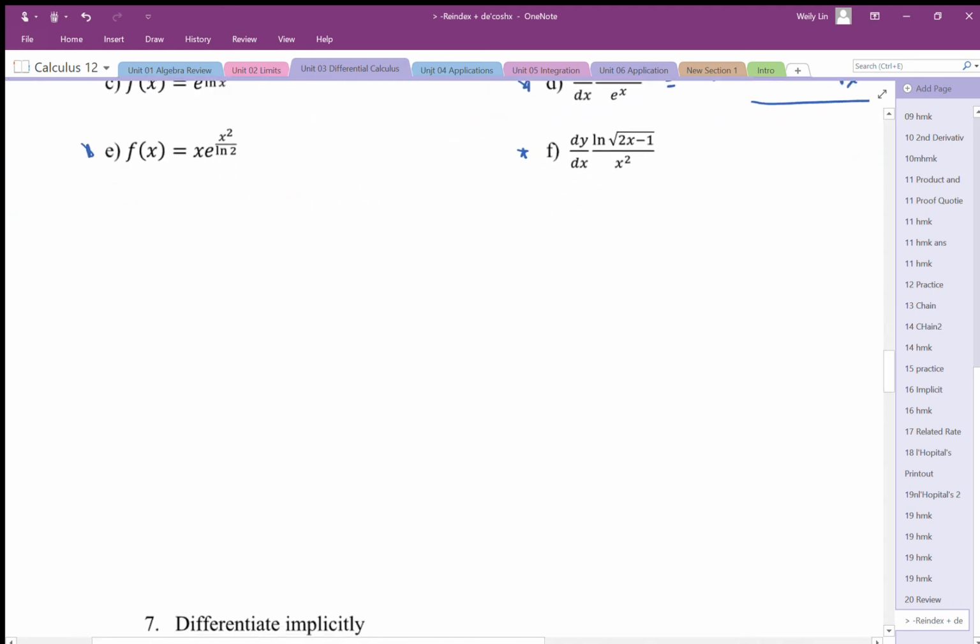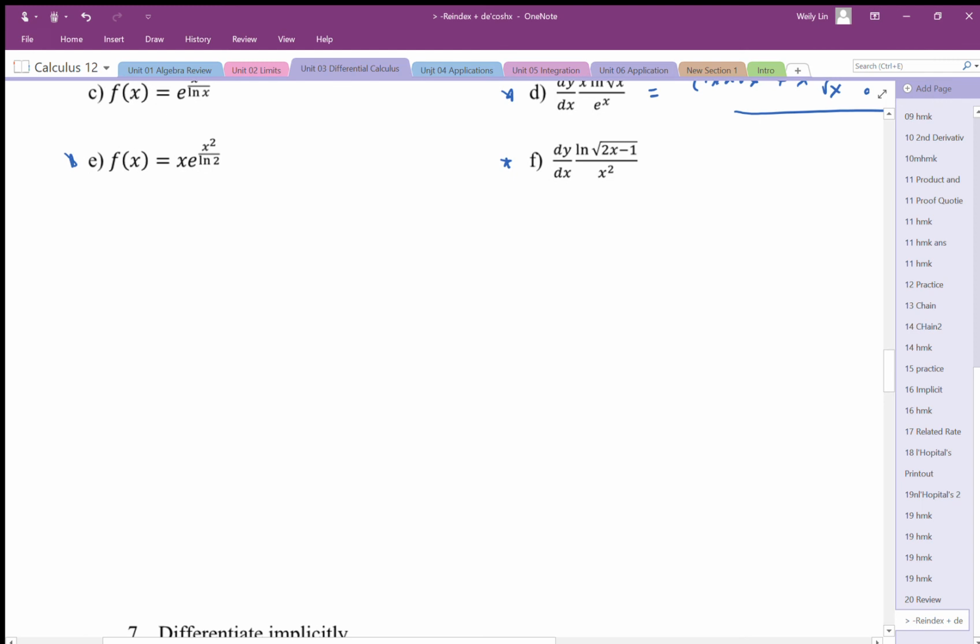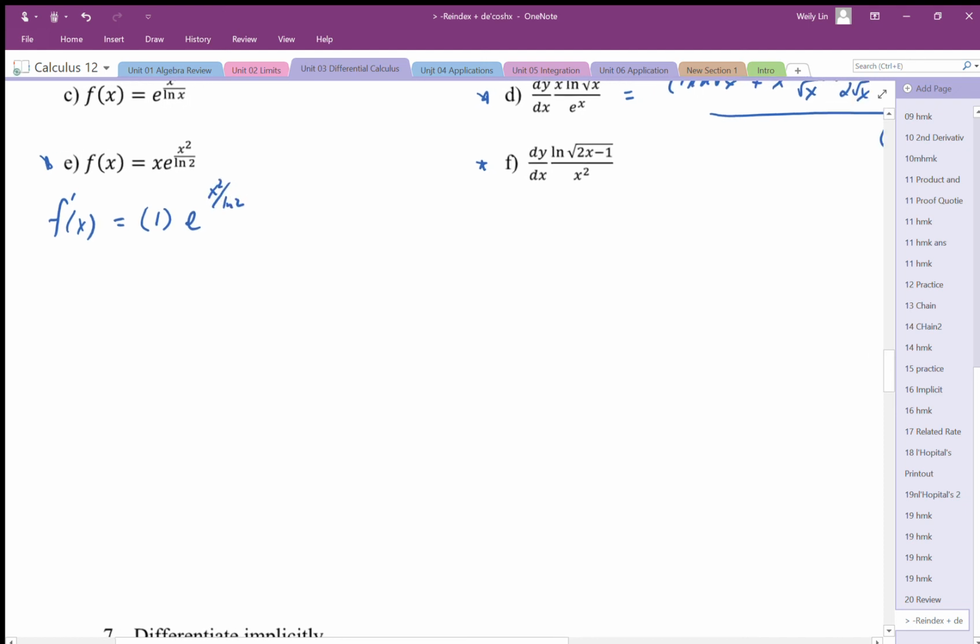For E, we need to use product rule and then chain rule. So f prime is going to be equal to 1 times e to the x squared over log 2. That is not a function. Remember, log 2 is a number, plus x times e to the x squared over log 2 times the derivative of the inside. So there, that's just a constant, and then it's going to be times 2x, the derivative of that.